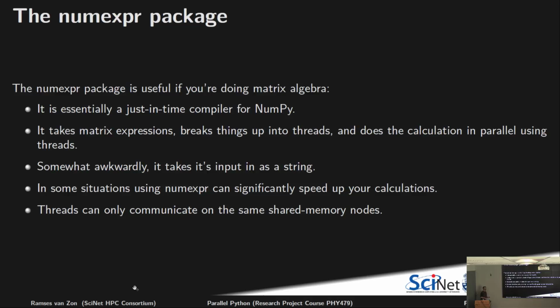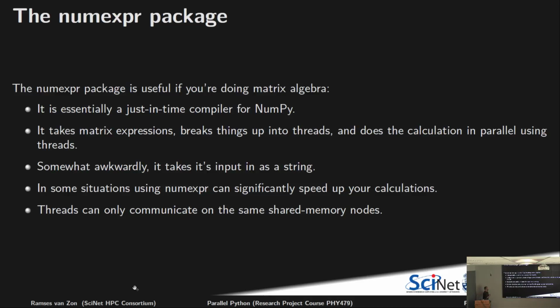It can't do everything in Python, but it can do some very common expressions, and we'll see which ones. So it can take a vector or a matrix expression and compile it. And then as it is compiling it, it can also spread it among different cores, and it uses threads for that under the hood. You don't really see much about these threads, except that you suddenly see a speedup.